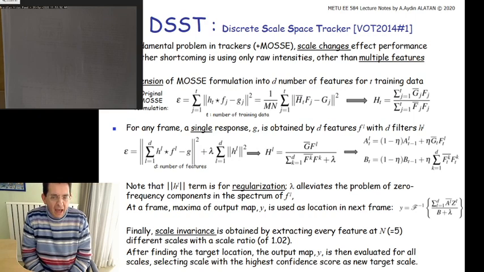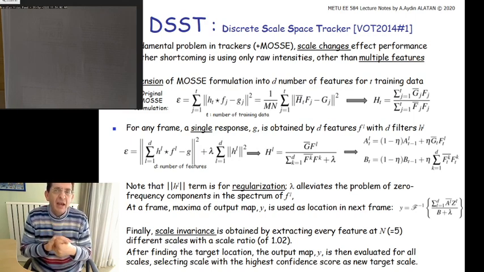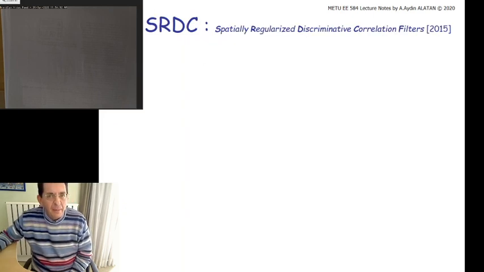Okay, now that concludes our DSST algorithm. By the way, there is a famous video object tracking challenge. DSST was the winner in 2014 for this approach, and it gave very good results at that time.